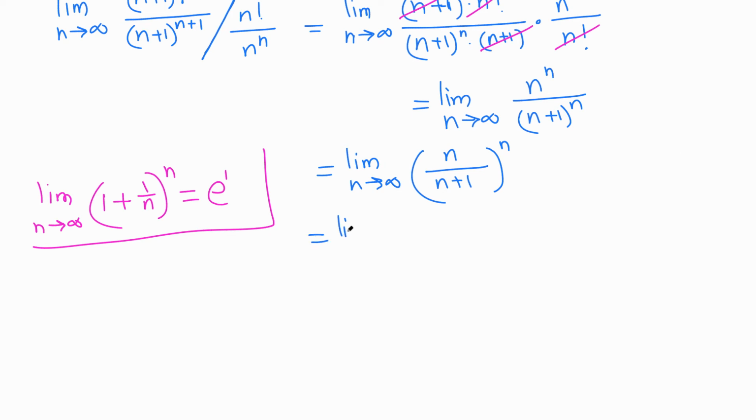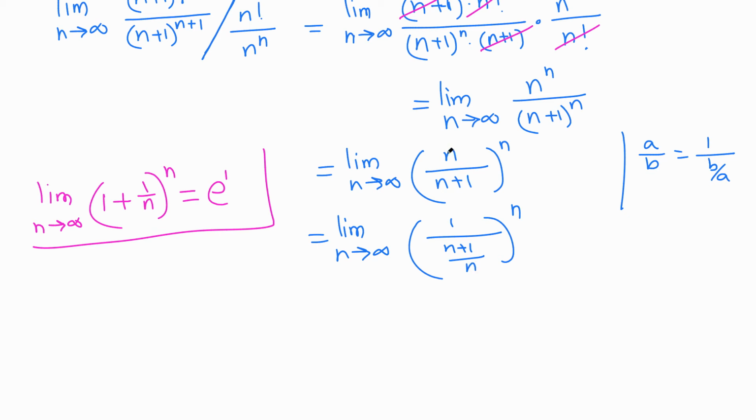I have this raised to n. I want to write this fraction as follows: when we have a over b, this is the same as 1 over b over a, because the fraction flips and comes back to this. So I can write 1 over (n+1) over n. If I change this division into multiplication, we get this back.